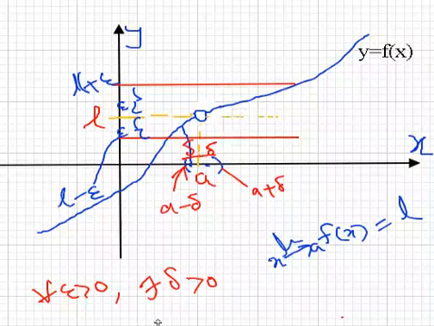Any point, that means x, between a plus delta, the upper bound of this interval, and the other one, a minus delta. If you select any point in this interval, it maps into this strip, that means your functional value f of x is between L plus epsilon and L minus epsilon.